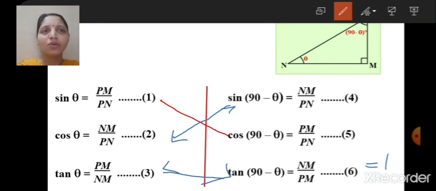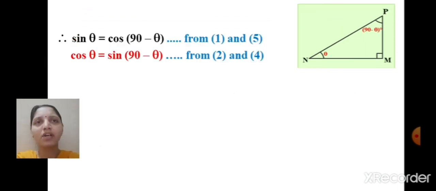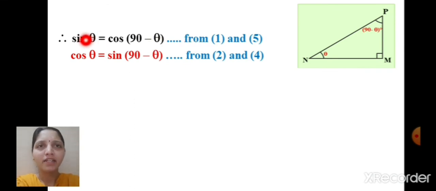Okay, so these are the relations amongst the trigonometric ratios. So let's see what are the relations you can see here. Sin theta is equal to cos 90 minus theta, from equation 1 and equation 5. Similarly, you can say that cos theta is equal to sin 90 minus theta, just now I showed you, that is from equation 2 and equation 4.